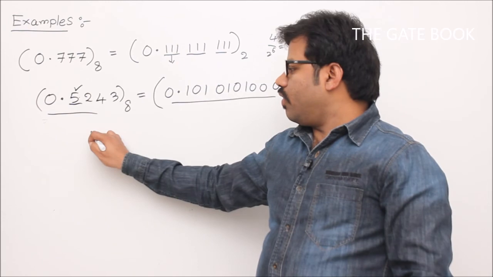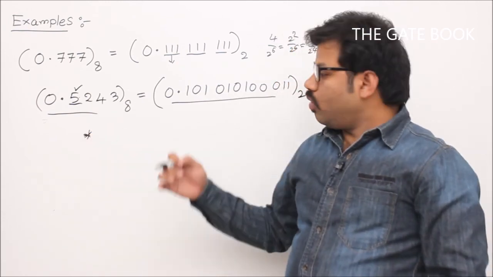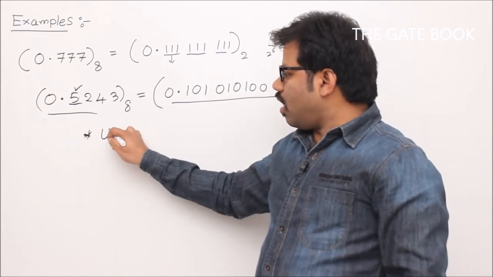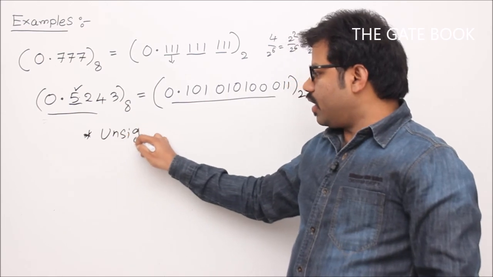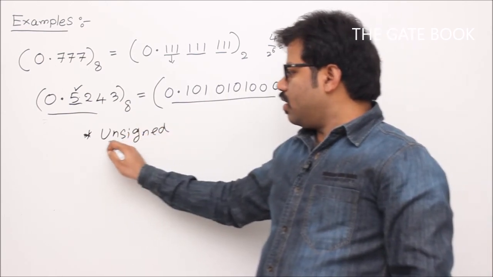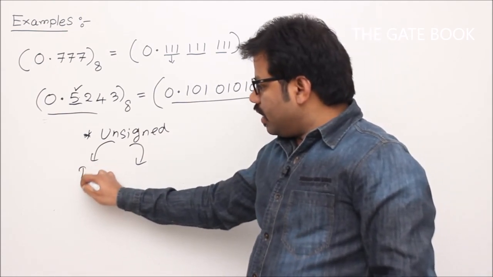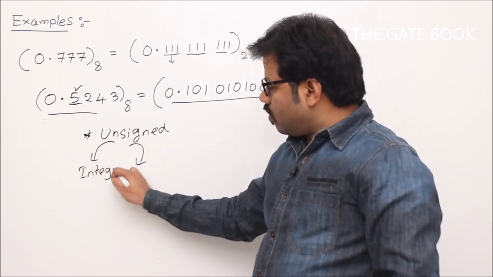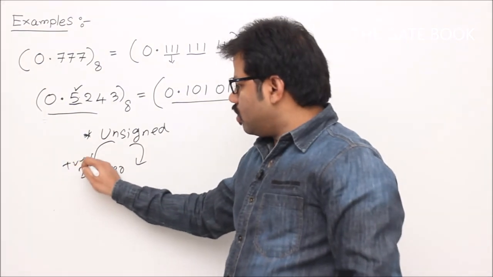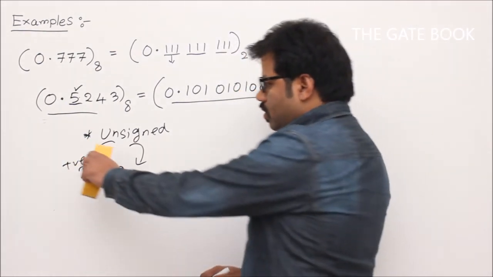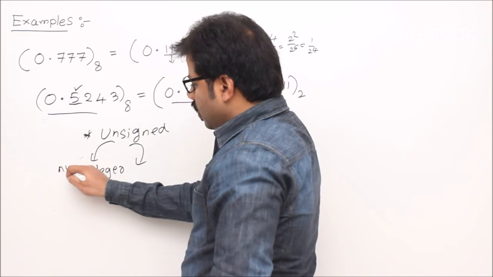So finally we have understood how to represent all unsigned numbers, correct? Whatever it is, unsigned numbers can be classified into two parts: integers, positive integers of course, and non-negative integers otherwise.